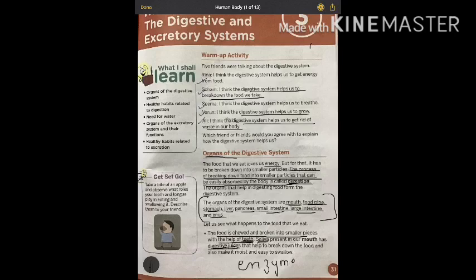Enzymes are chemical substances which help to break down the food, and saliva also makes our food moist and easy to swallow. It adds liquid to it and it becomes moist and we can swallow it easily.